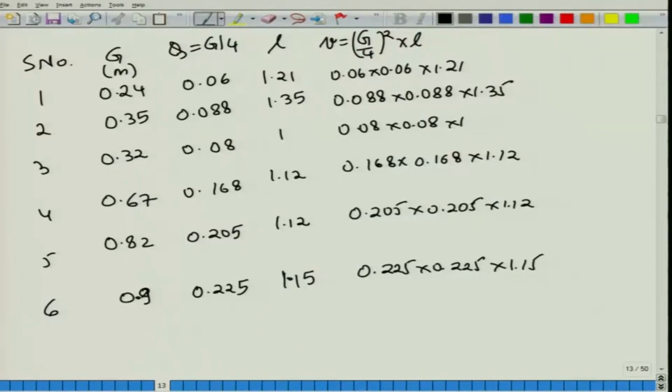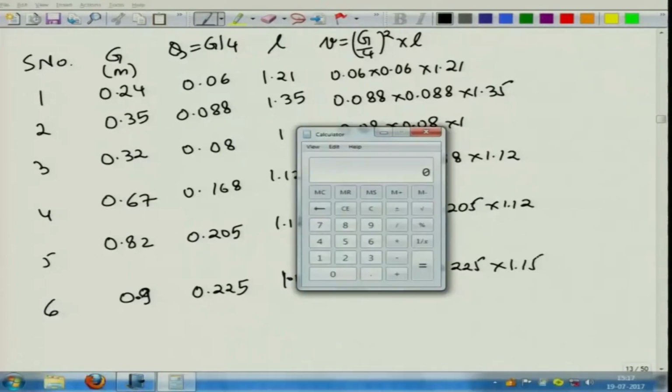So, now let us use a calculator. In the first case we have 0.06 into 0.06 into 1.21, which comes to be 0.004.